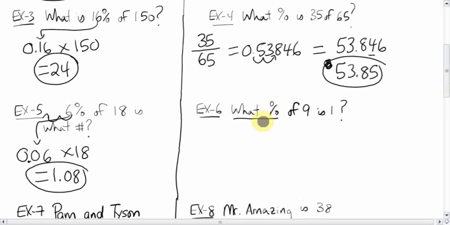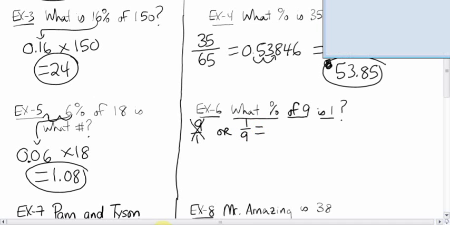So, what percent of 9 is 1? Is this going to be 9 divided by 1, or is it going to be 1 divided by 9? What is it out of? It's out of 9. The wording is tricky. You have to be careful. So it's out of 9. So this is not right. This is right. So we're going to go 1 divided by 9.